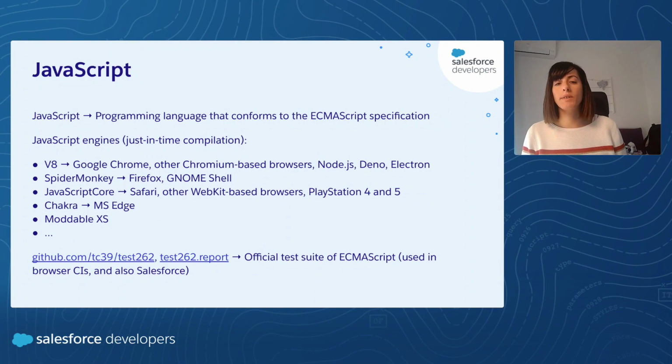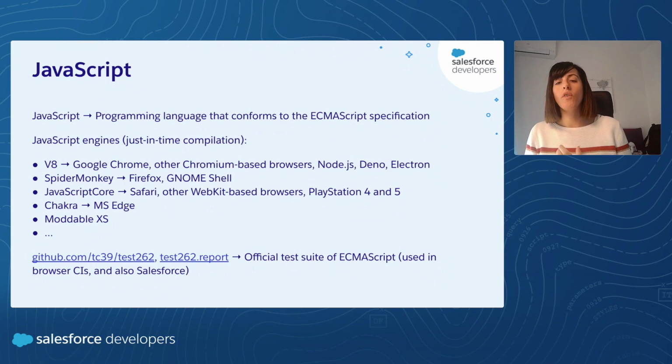Some famous JavaScript engines are V8 for Google Chrome or other Chromium-based browsers, SpiderMonkey for Firefox, JavaScript Core for Safari, and Chakra, which was the one used for Microsoft Edge before they adopted the Chromium-based browser.